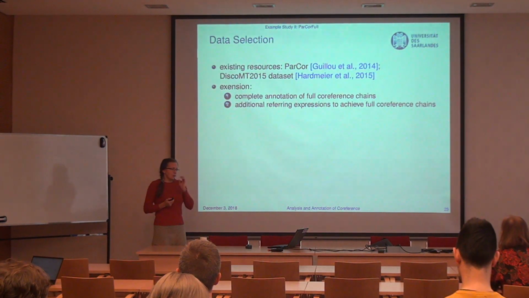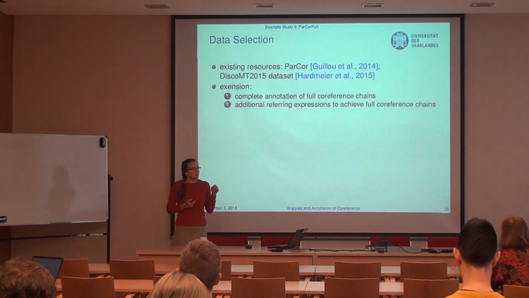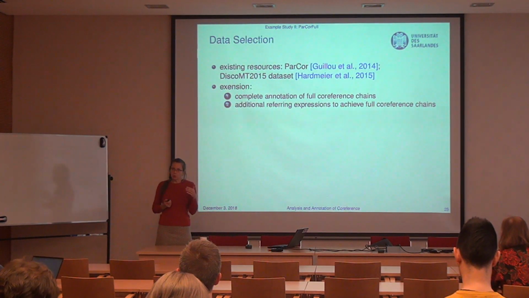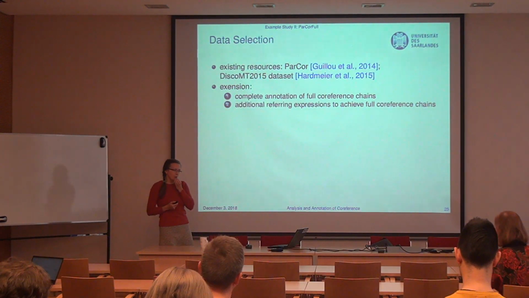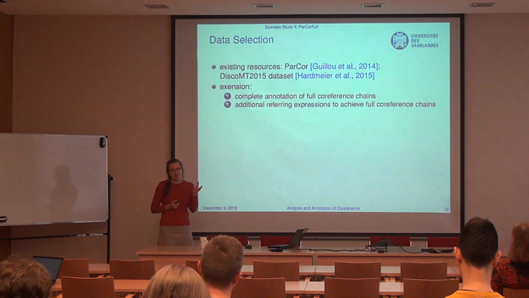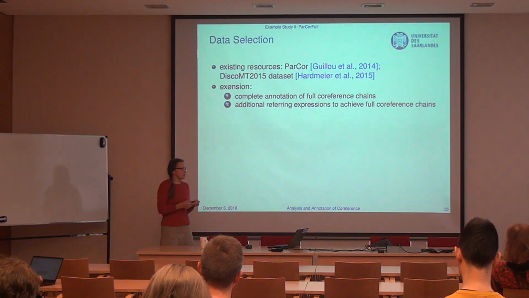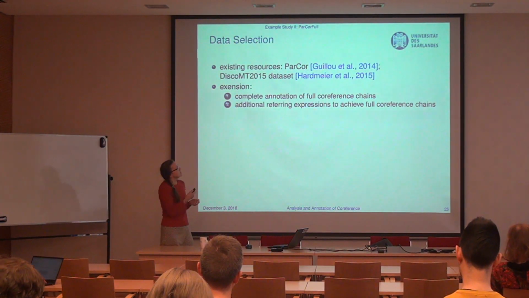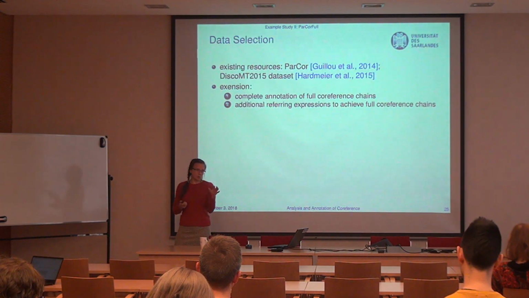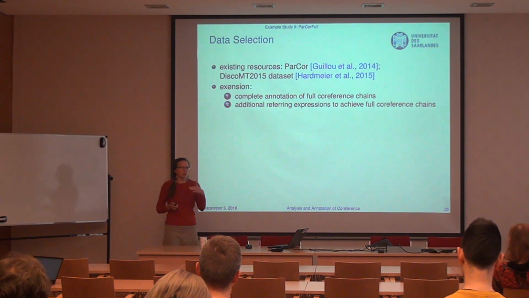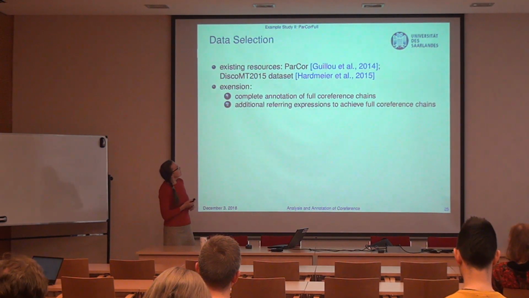The data that we used, the main idea was to extend PARCOR, the corpus which was compiled some years before. But then we said we would like to add some more data. For example, for the Discourse in Machine Translation workshop, there was a data set used for a shared task, where English was annotated for coreference chains, but the German part was not. They also had French translations, and they were not annotated.